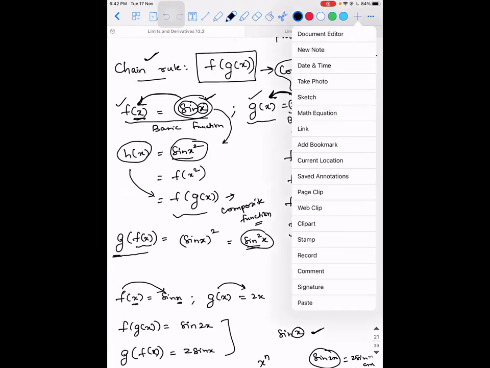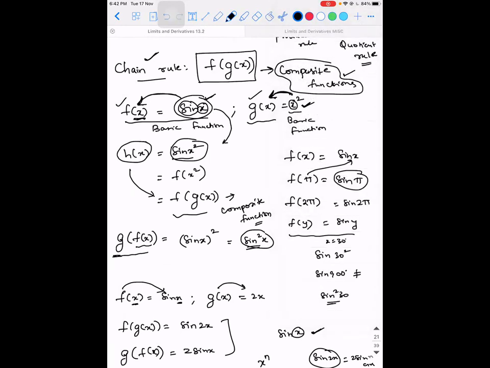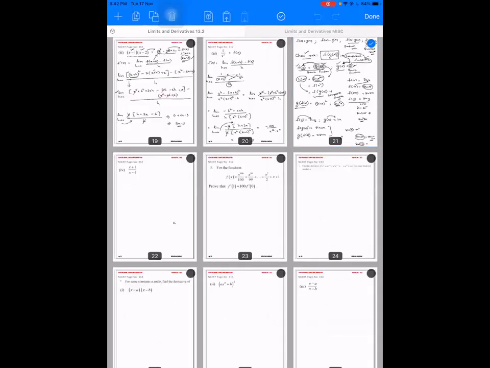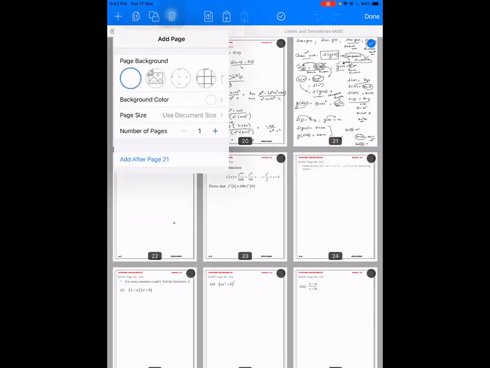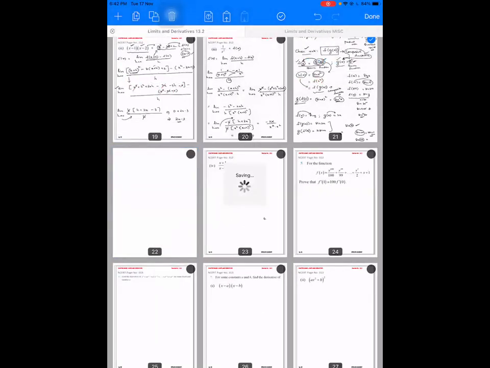Okay. Now see what I'm going to do. I want everybody to make a note of this formula.